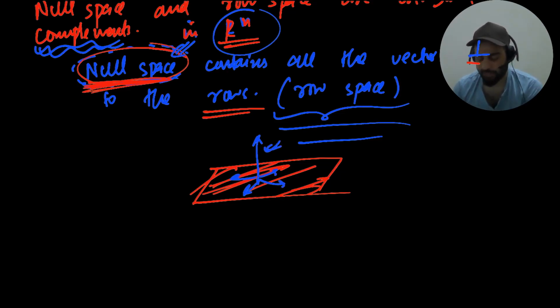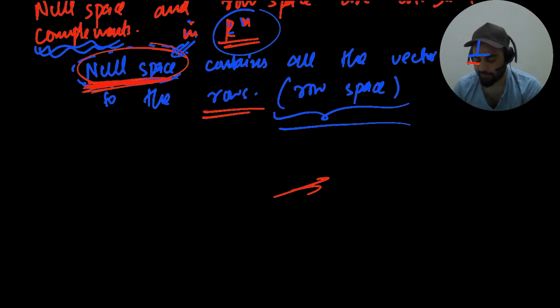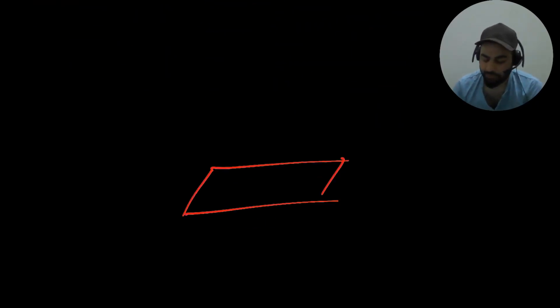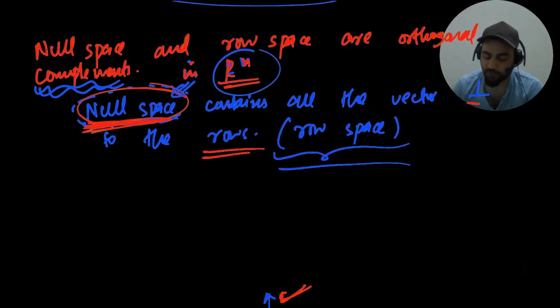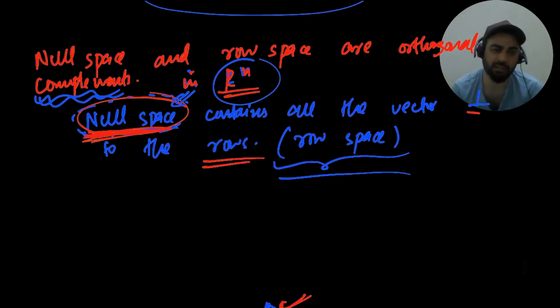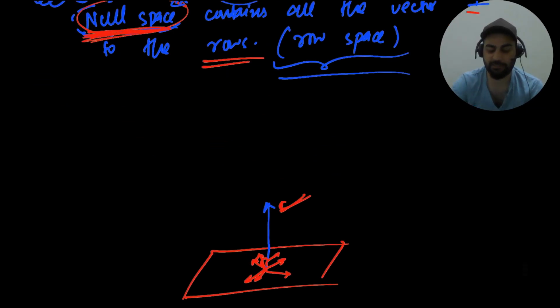That's why these are called complements of each other. They are complements in Rn, orthogonal complements. Is it clear?